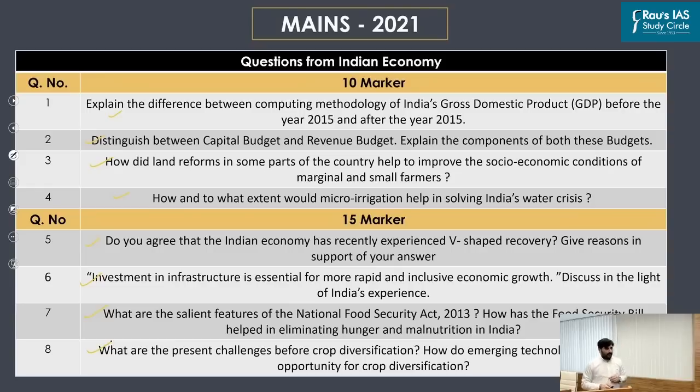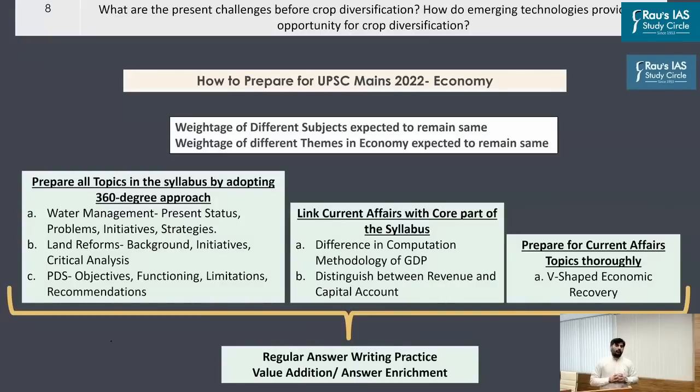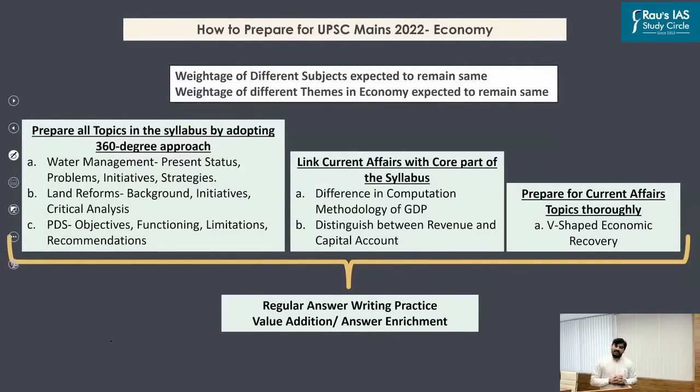First and foremost, one thing you must understand here is that the relative weightage of different subjects in GS paper 3 has consistently remained the same in the last 5 years of the mains examination. There have been no surprises with respect to the relative weightage of different subjects. So we can largely expect that the weightage of different subjects in GS paper 3 is set to continue.